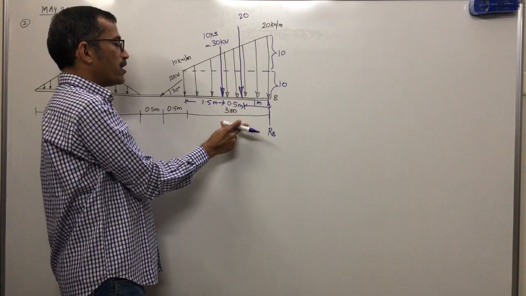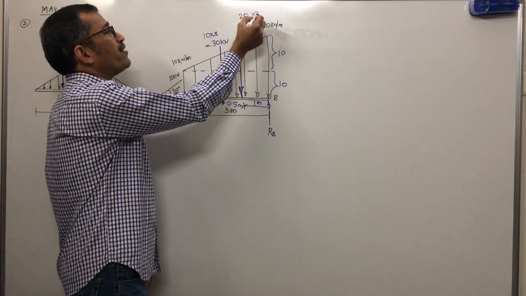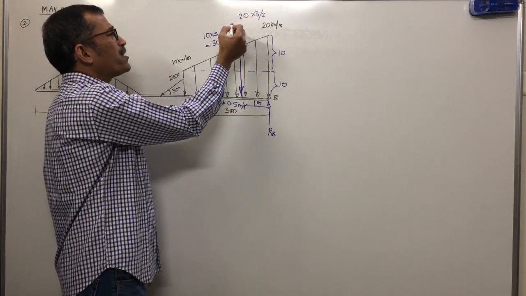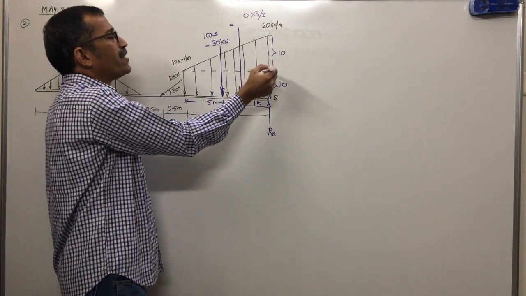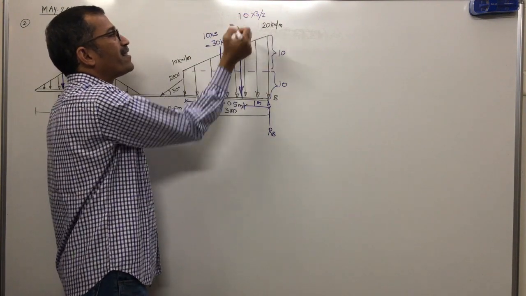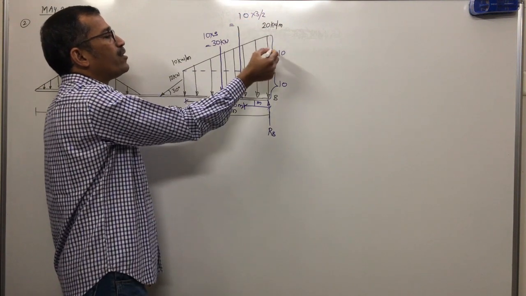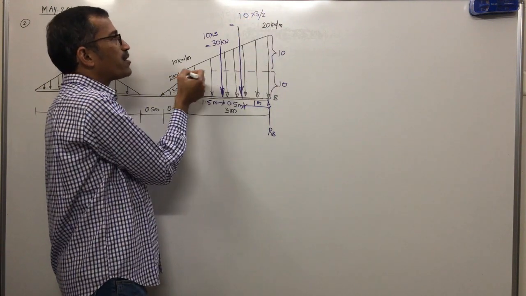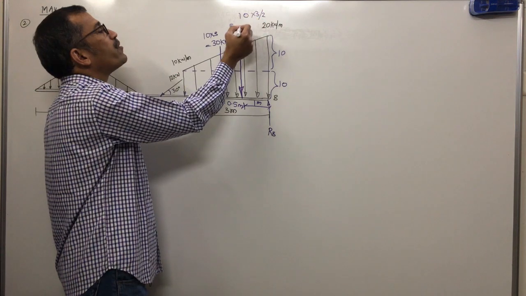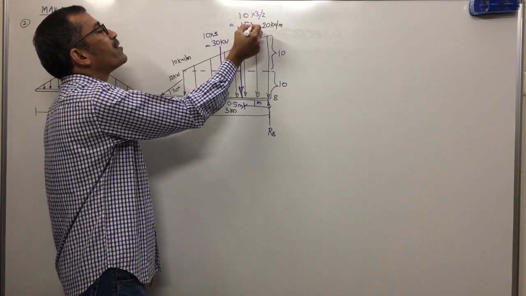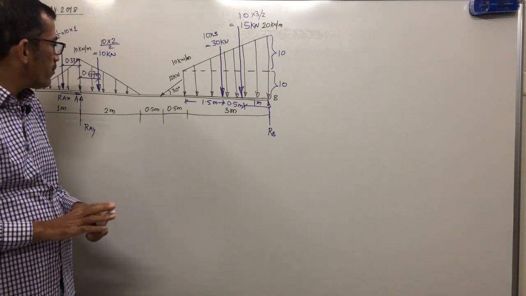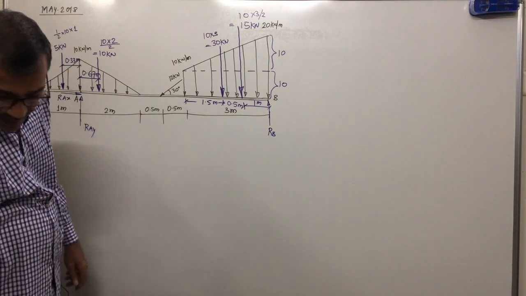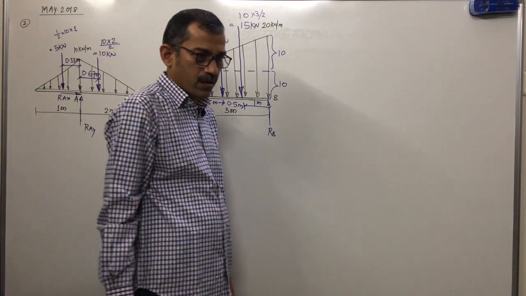No, this W is not 20, this is 10, right? So 10 into 3 divided by 2, that means 5 into 3, which is 15 kilonewton. Correct?